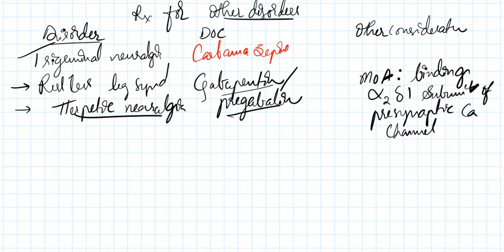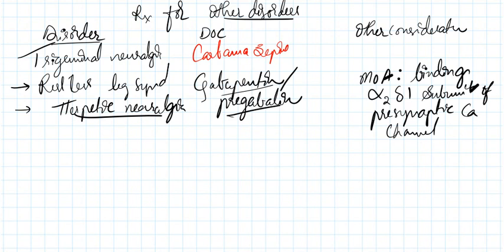Now if you ask, sir, where is this located? It's simple. For example, this is presynaptic. Here you have the sodium gated channel. Here you have the calcium gated channel, right? So this is the presynaptic calcium channel. Is it okay up to there? Clear?